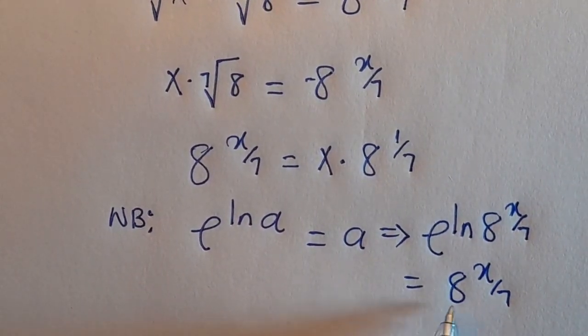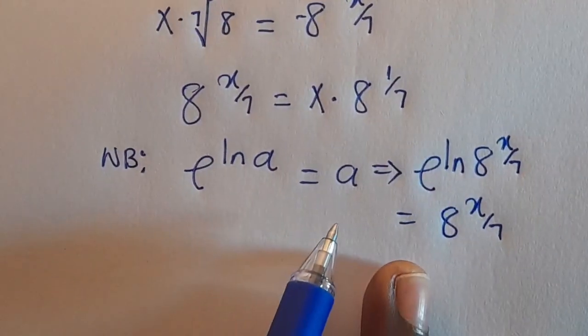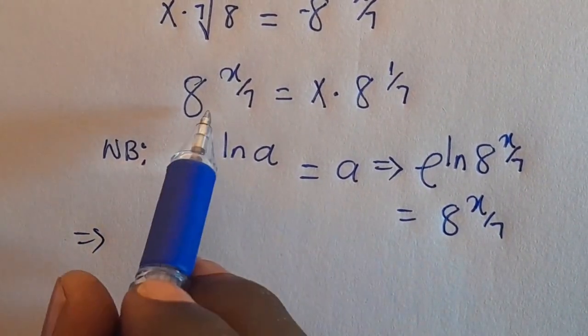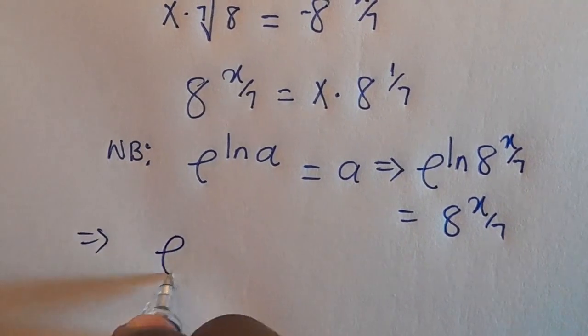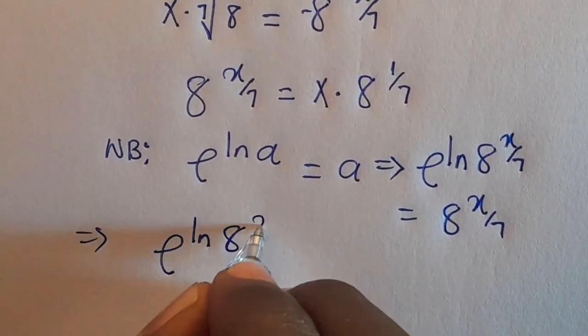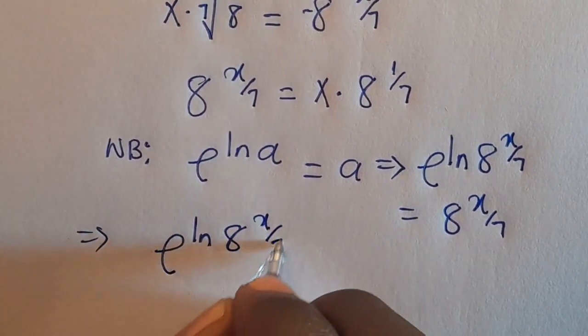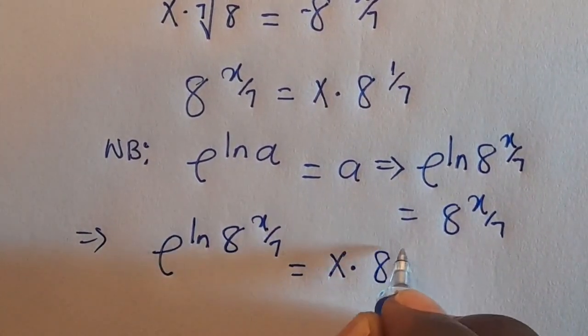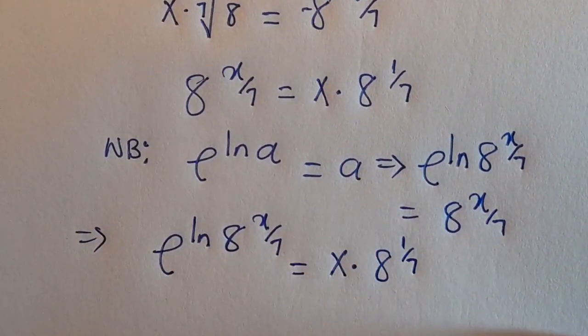So by applying this here, from the left hand side we will have e to the power of ln of 8 to the power of x divided by 7 equals x multiplied by 8 to the power of 1 divided by 7.